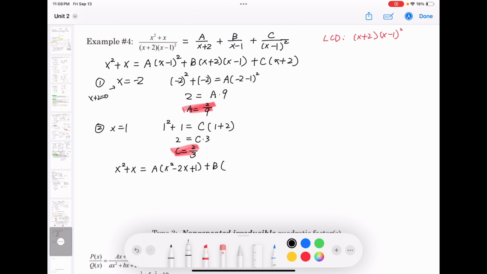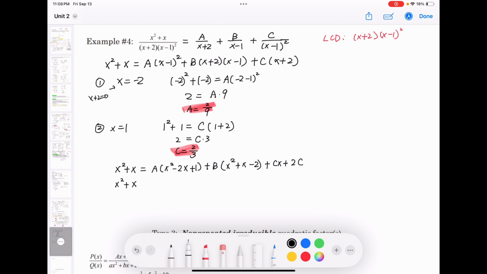It's a little bit messy. We're going to have x squared minus x plus 2x, which is plus x, minus 2, then plus cx plus 2c.